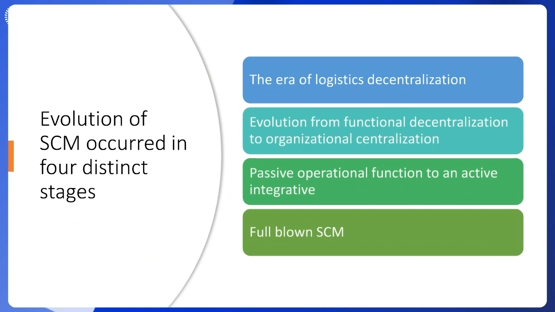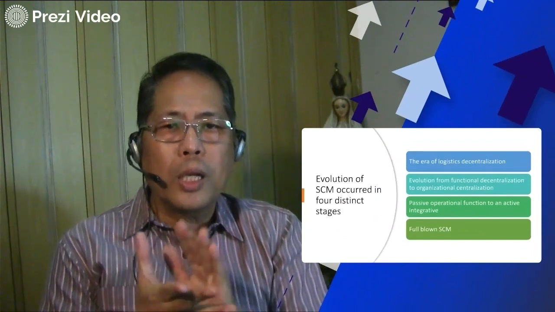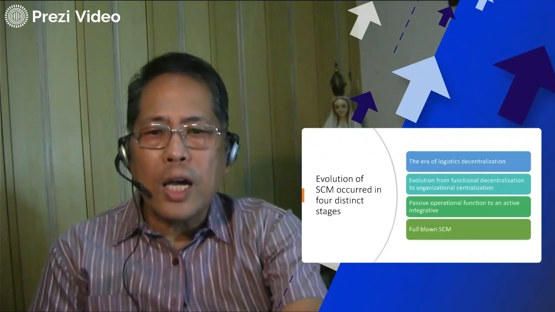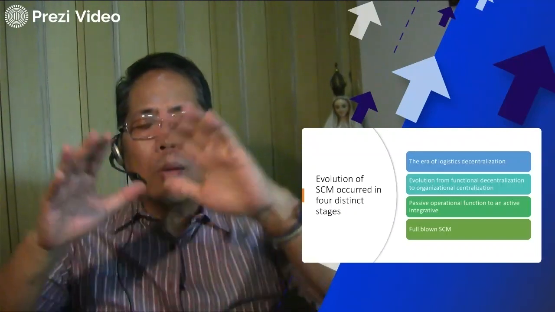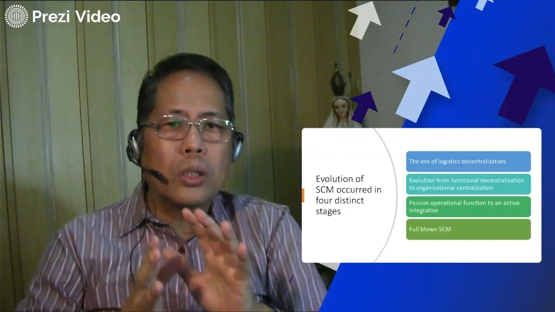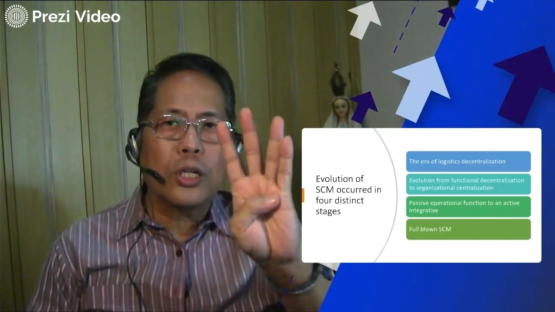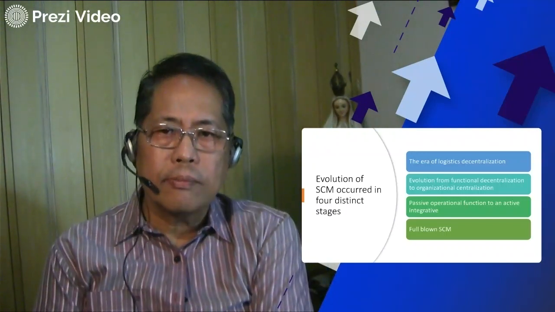Stage three witnessed the dramatic expansion of logistics from a passive operational function to an active, integrative resource centered on the linkage of internal operations with analogous functions performed by channel trading partners. As the concept of channel collaboration grew, the old logistics concept gave way to stage 4, which is now called supply chain management.